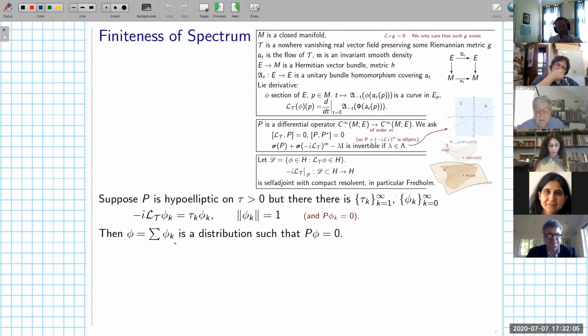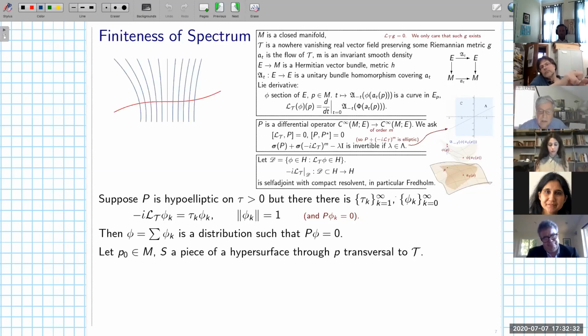So this converges to the projection of something on something. So this is a distribution, and P applied to it is equal to 0. So by the hypothesis, this has no wavefront set on the part of the characteristic variety of P that is contained in tau positive. This is the hypothesis.